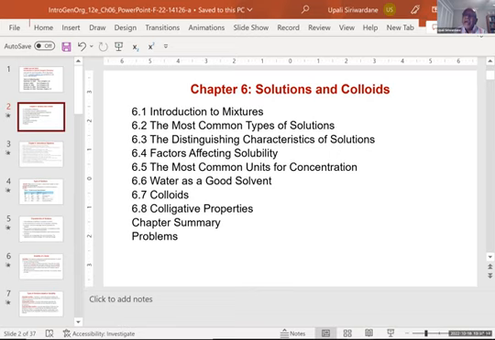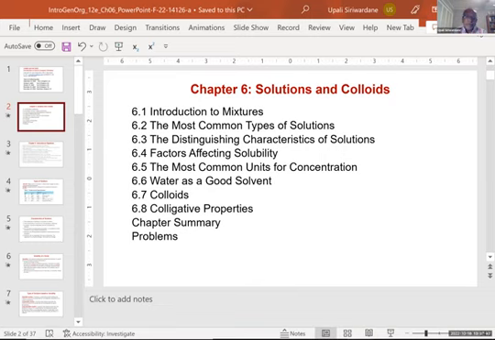It has particle sizes of one of the components that are larger. Normally the particle size in homogeneous mixtures, which are mixed uniformly, is about 1 nanometer. Colloids have particle sizes greater than 1, about 1 to 10 nanometers.